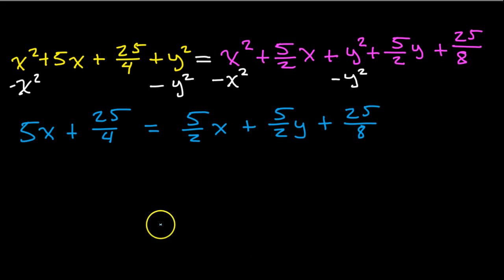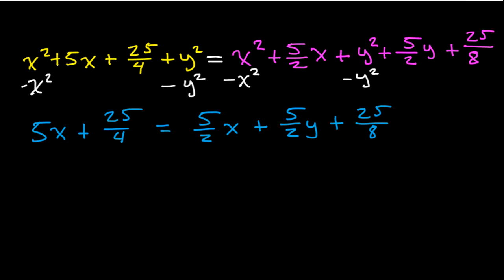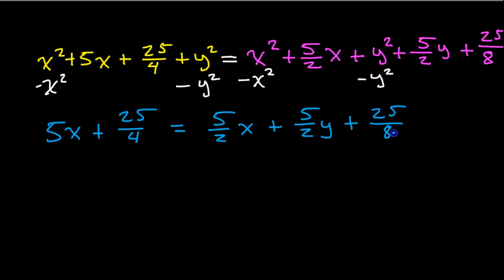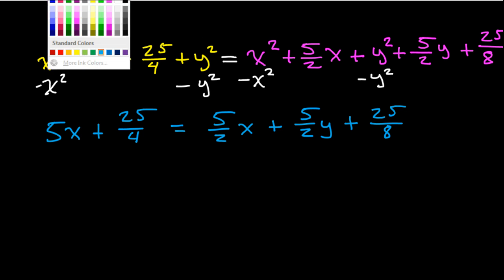I'm really fed up with all these fractions though, so what I'm going to do is multiply by a number that will cancel out all of these pesky denominators. I see I've got 4, 2, another 2, and an 8. Well, guess what? All of these things are factors of 8.